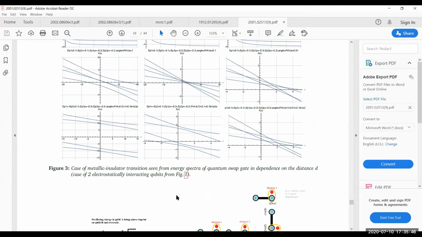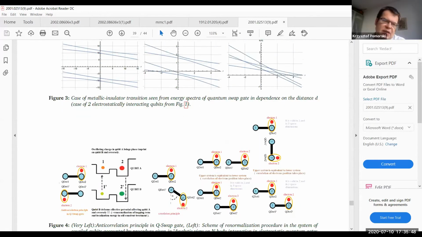All right, so here we have a kind of swap gate. If AP1 is set to AP2, and again AP1 is set to AP2 here, then the electron tends to be at maximum distance.